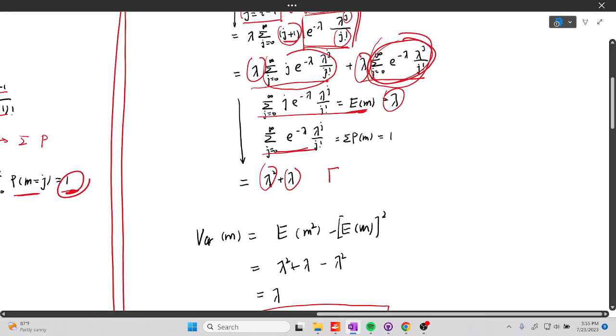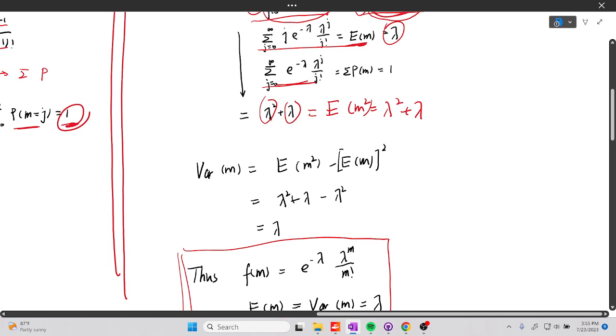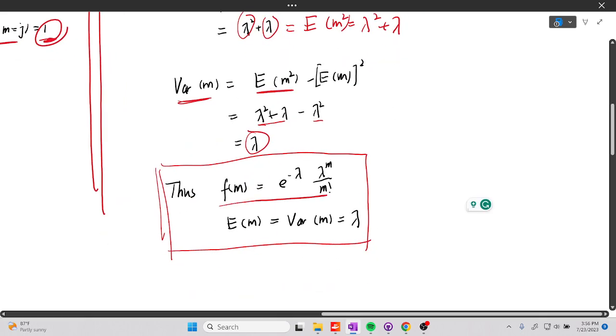Thus we have the expectation of m squared equals lambda plus lambda squared. And the variance is pretty much the expectation of m squared minus the expectation squared, and we get lambda. Thus, the distribution is that, and the variance and the expectation value are both lambda equals np.